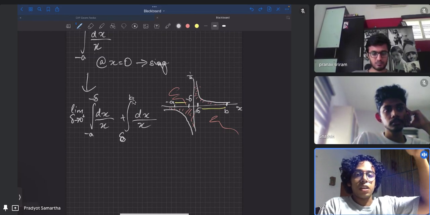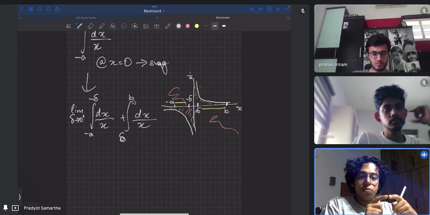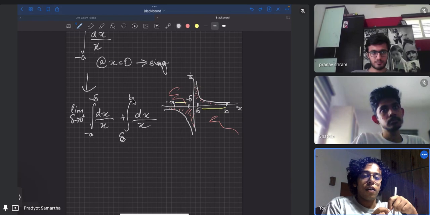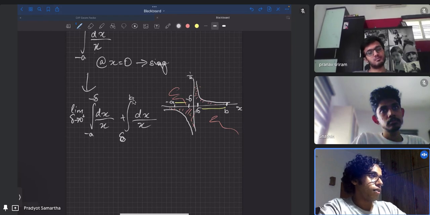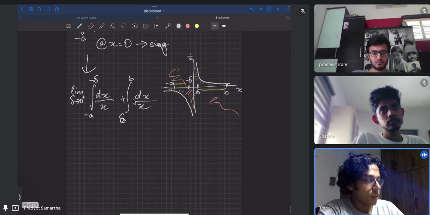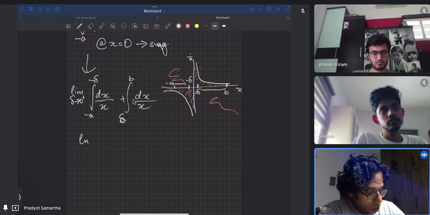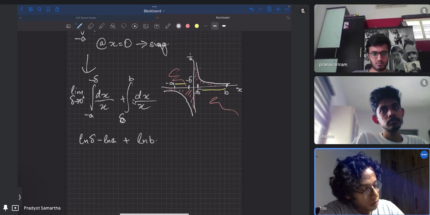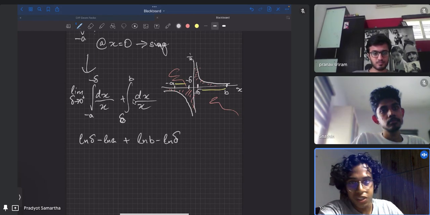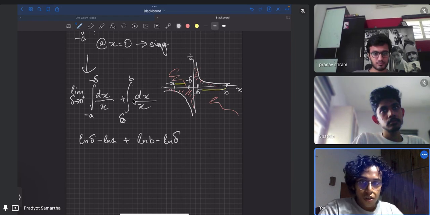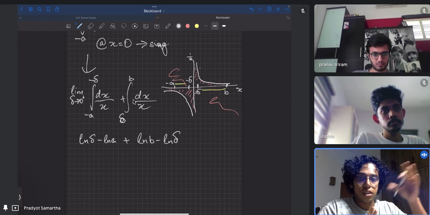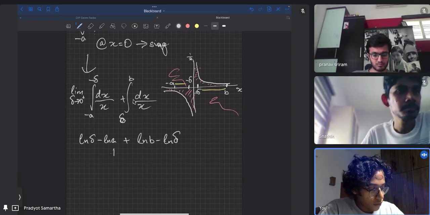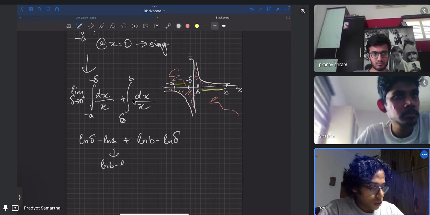From plus and minus infinity it just jumps to 0, so we are sealing it off in some way. That is one intuitive picture I can think of. When you solve this integral you get ln delta minus ln a plus ln b minus ln delta, which is just the evaluation of the limit. The ln delta terms just cancel out, and in the end you have just ln b minus ln a.